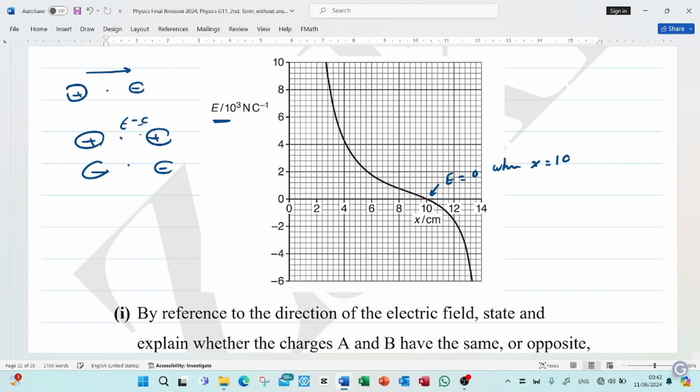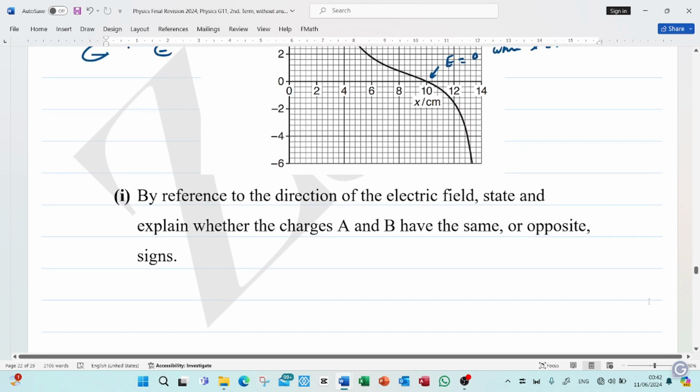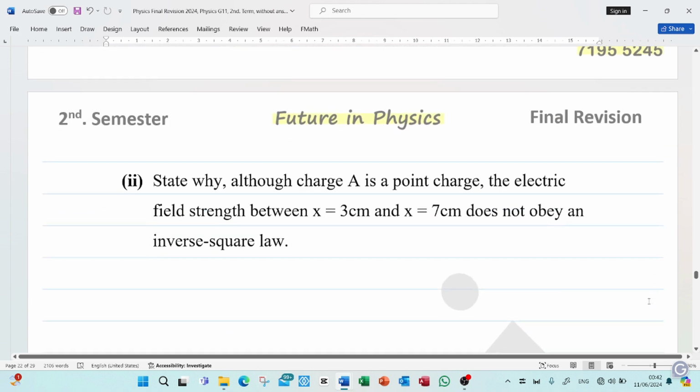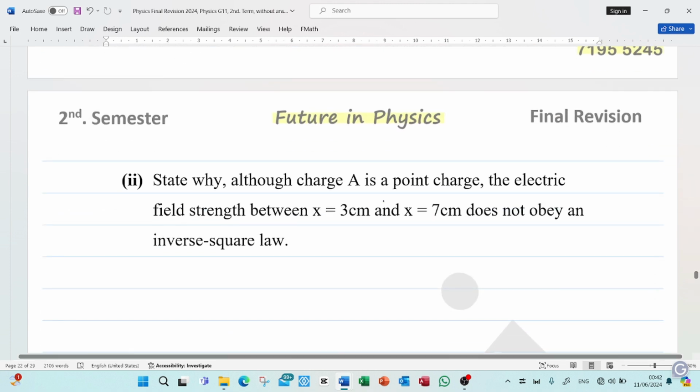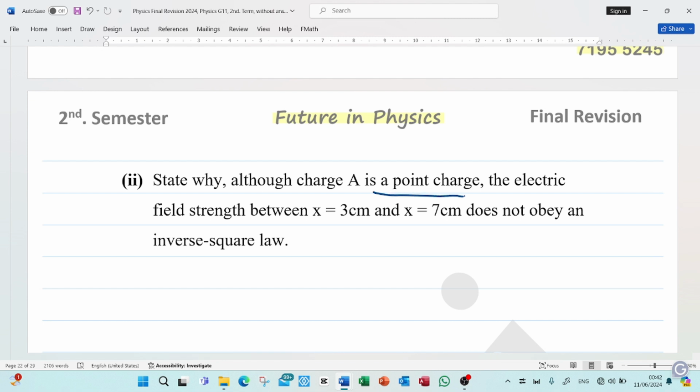Then they have the same charge because the field changes direction between A and B. Next, state why, although charge A is a point charge, the electric field strength between A and B does not obey the inverse square law. Because the field is not from one of the charges. The field is the resultant of the two fields, A and B.